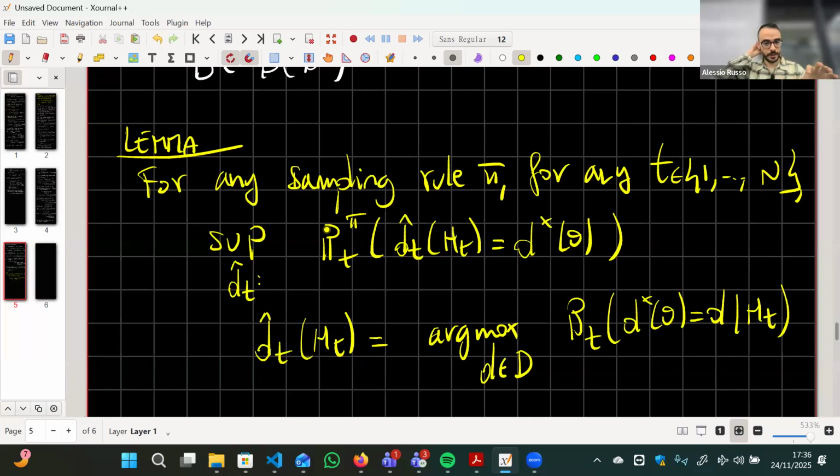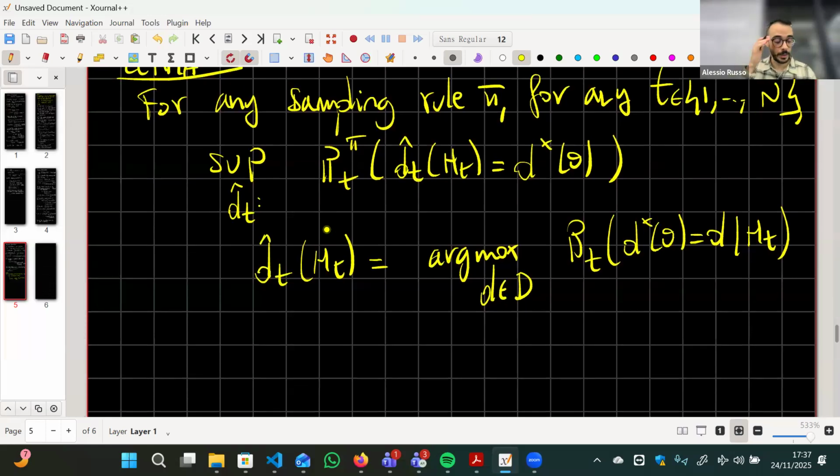So what this lemma is telling us is that for any sampling rule, no matter how you sample the data, for any time step, the inference rule that maximizes the probability of correctness at any time step is simply an inference rule that maps the history of data to the maximum over the posterior of the true hypothesis.